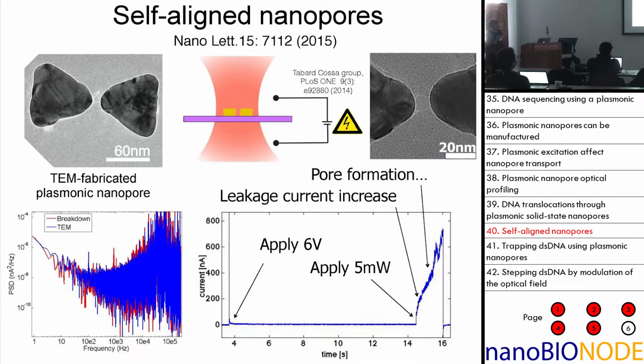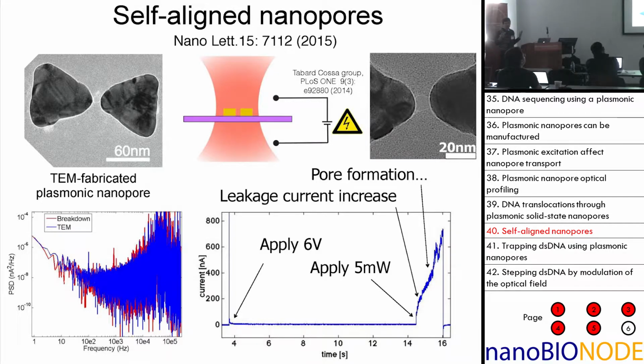So the idea is the following. You apply an electric field, and you wait for the leakage current to rapidly increase, and once it increases, you switch off the field, right? So you make the pore by dielectric breakdown, and that's what this Canadian group published. What Delft people did, they discovered that if you have a plasmonic structure that is active, meaning you have plasmonic resonances, then as a result of this breakdown, you will produce the pore exactly in between the two bow ties.